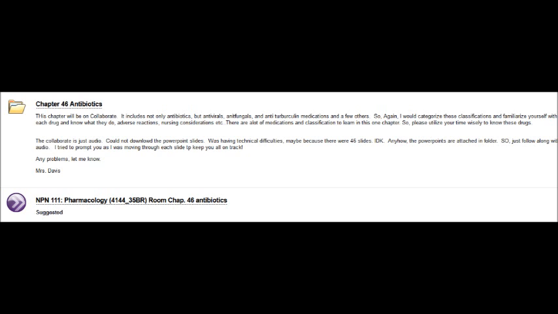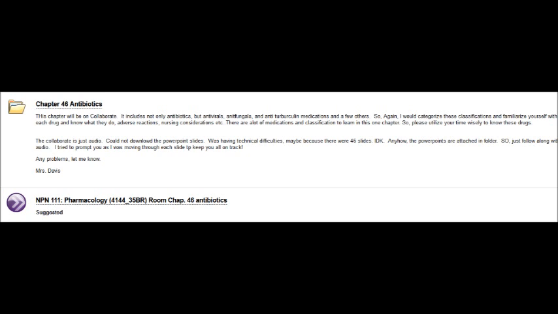Meds that are hepatotoxic are your rifampin, your isoniazid or INH, and your sulfonamides. Signs and symptoms to report if they're hepatotoxic are anorexia, nausea, vomiting, jaundice, hepatomegaly, which means enlarged liver, as well as splenomegaly, which is enlarged spleen.